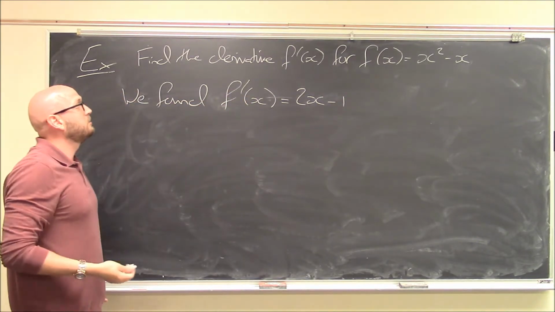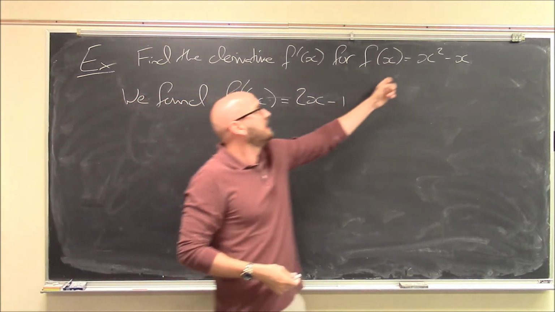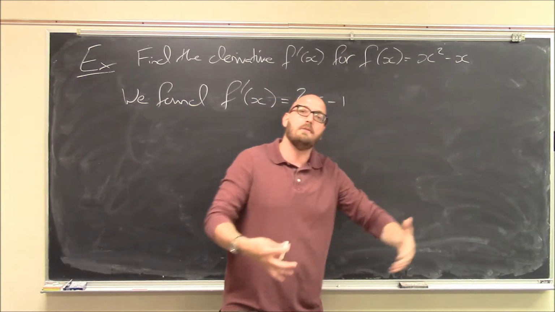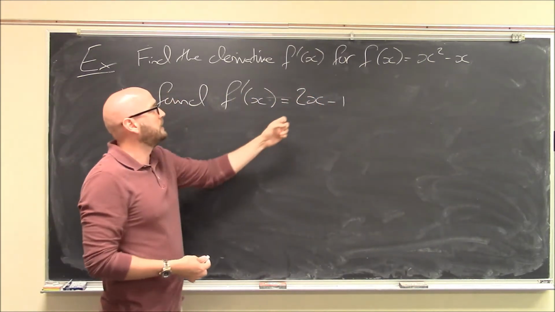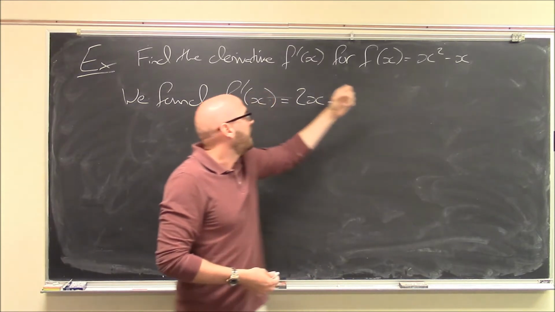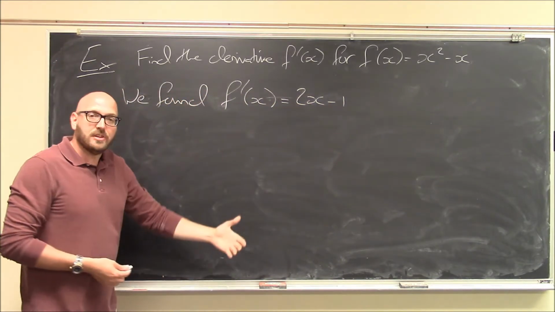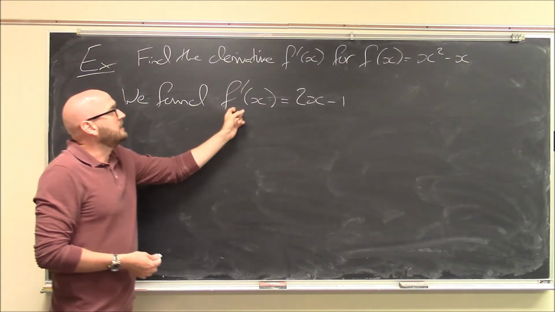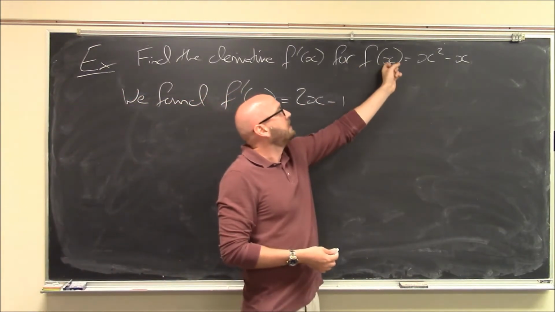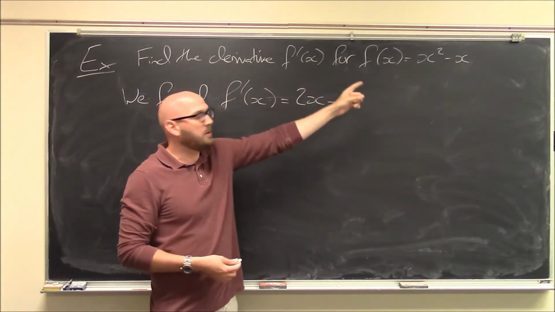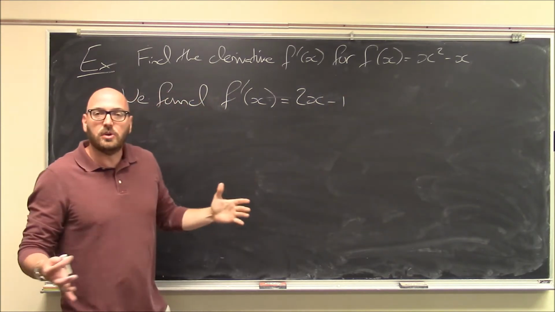Again, hence the name derivative, right? I start with a function, and from that function I derive a new one. I start with x squared minus x. I derive from it this brand new function, 2x minus 1. And it tells me something geometrically. This function tells me the slope of f of x. The derivative tells me the slope of f of x at any value x you want.